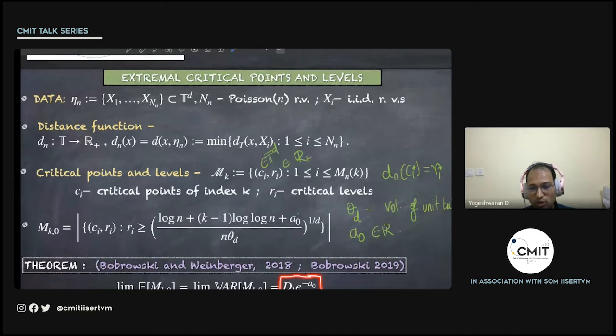They converge to a constant explicit in terms of A naught. dk is a constant depending on theta d, the unit ball in d dimensions, some Jacobian, and all kinds of geometric things hidden in dk. So dk is in some sense geometric.